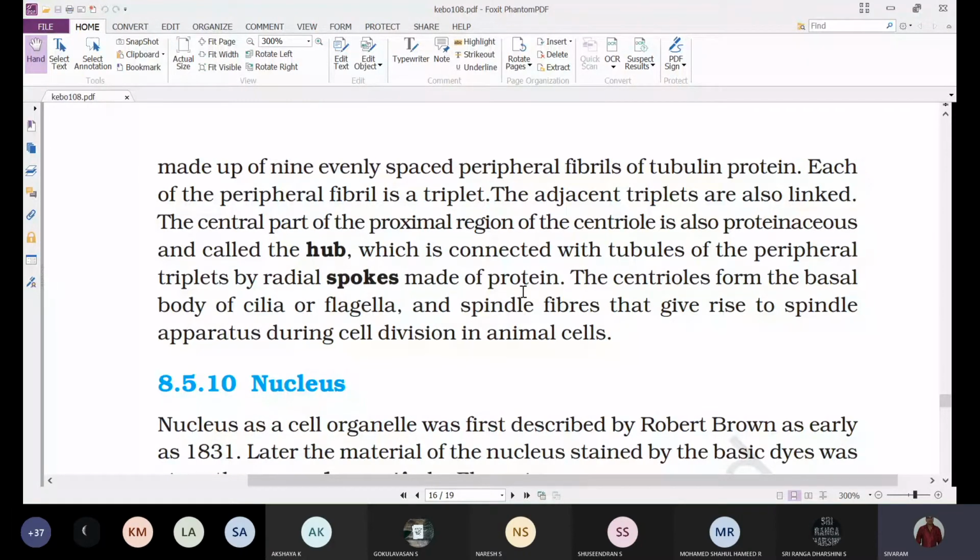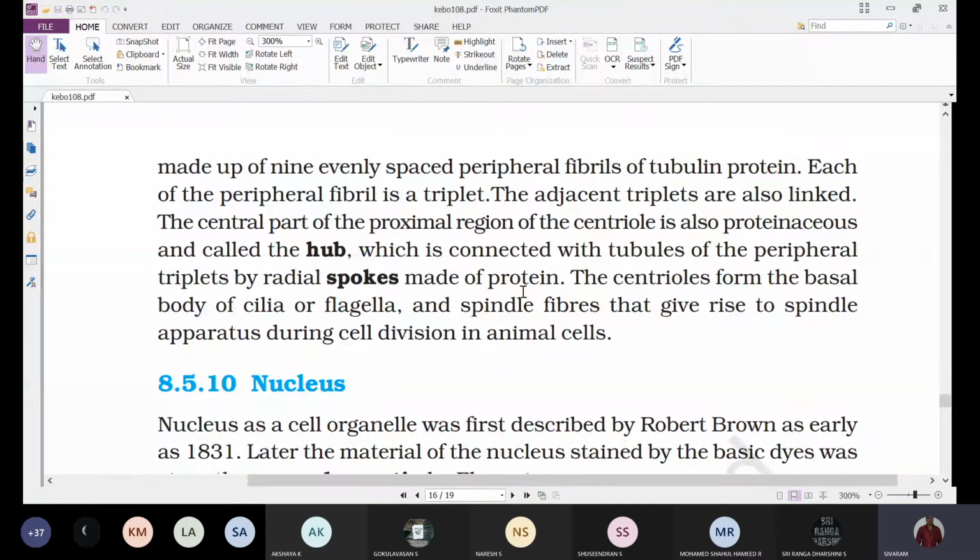Now, what is the function of centrioles? The centrioles are involved in the formation of basal bodies of cilia and flagella. That means the cilia and flagella arise from the basal body, which is formed from the centrioles.